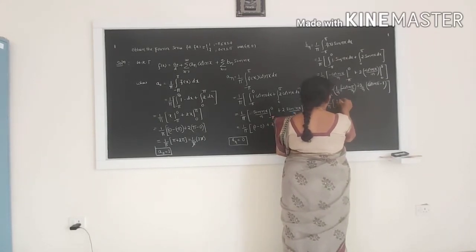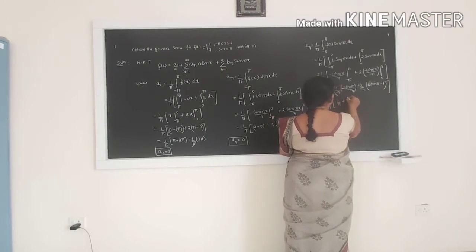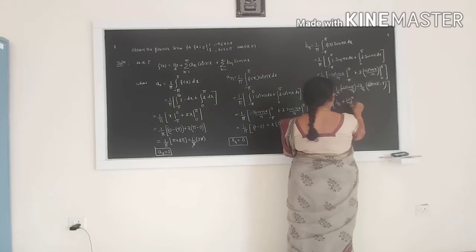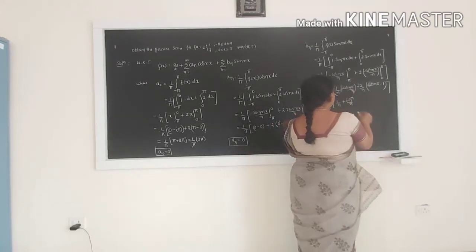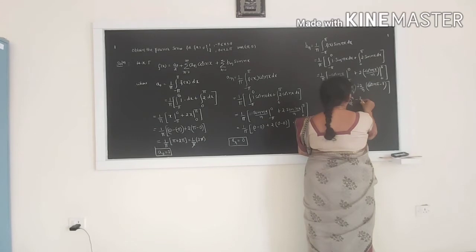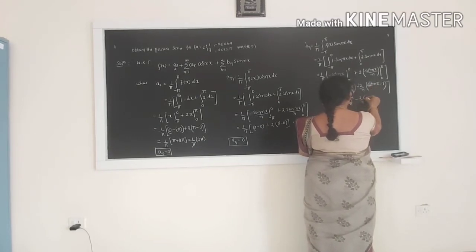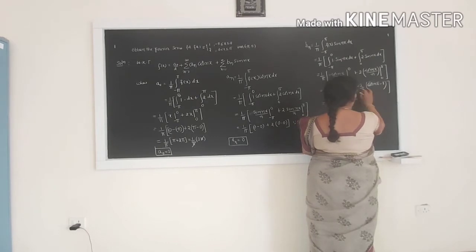This is equal to 1 by pi times minus 1 by n. Minus into minus is plus. Cos n pi value is minus 1 whole to the power of n, minus 2 by n times cos n pi, which means minus 1 whole to the power of n.